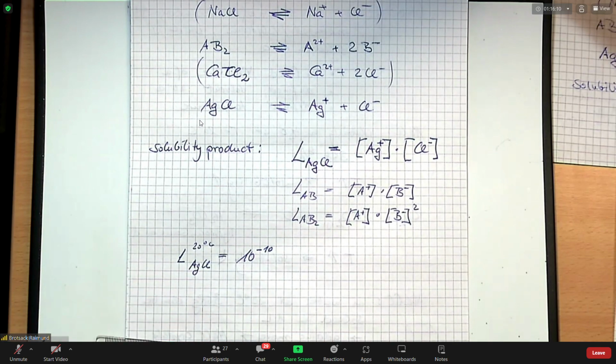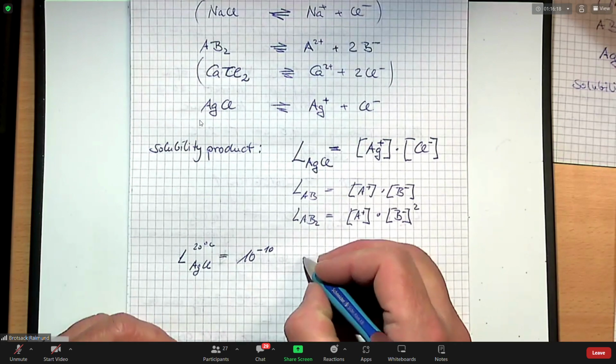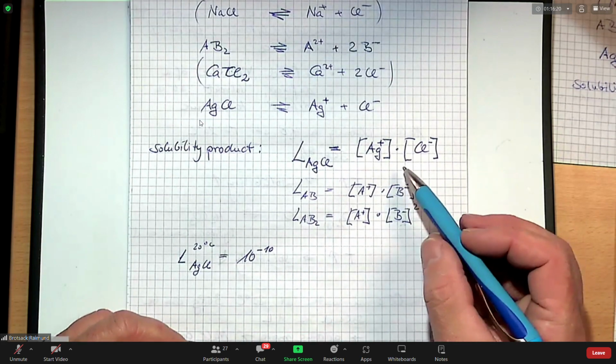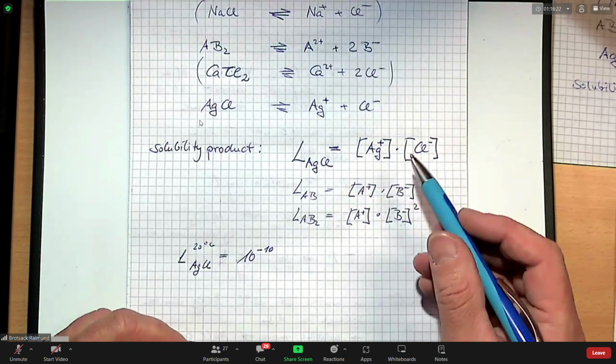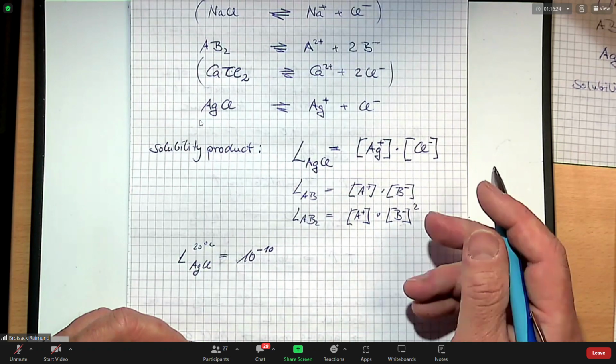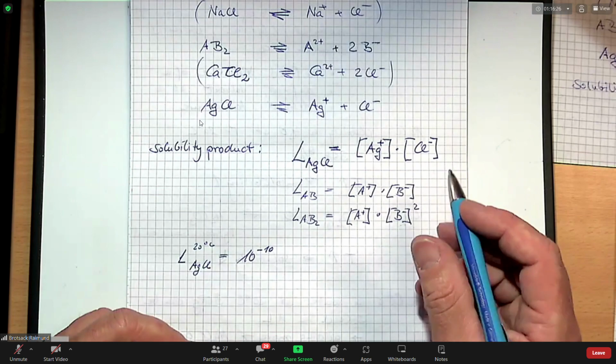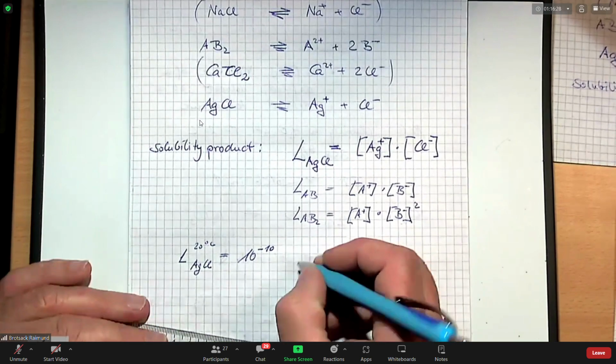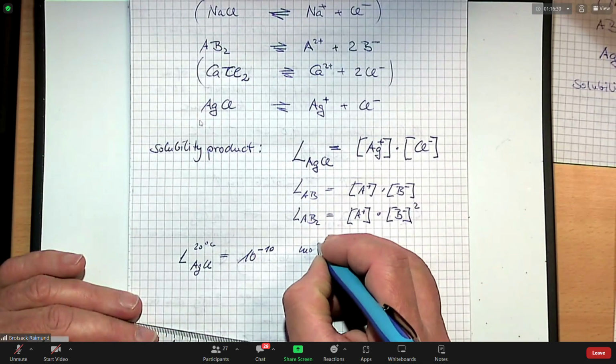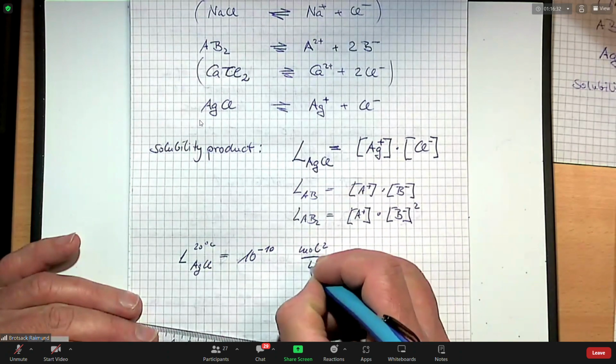What might be the unit for the silver chloride example? Mole square over liter square.